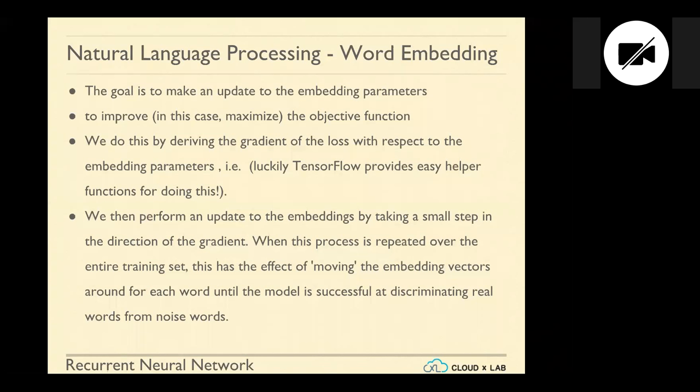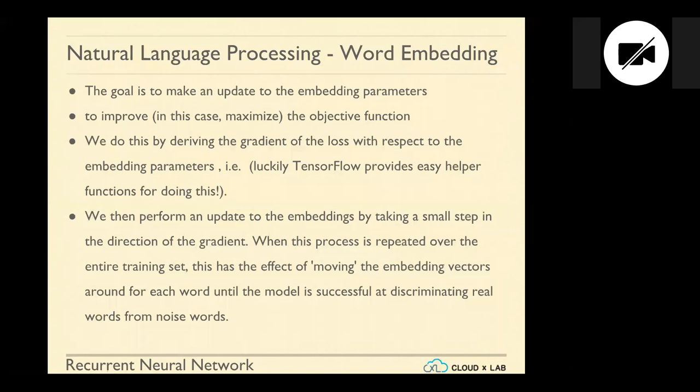We minimize the loss by tweaking the weights. And how do we tweak the weights? By using backpropagation, by using gradient descent. We tweak the embedding parameters here as we tweak the weights in the usual neural network.